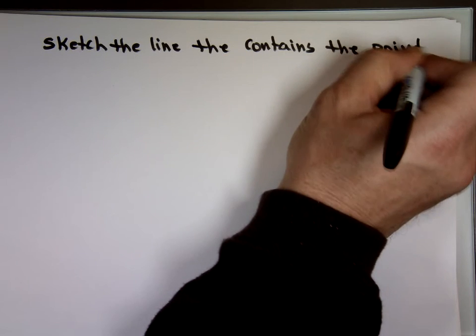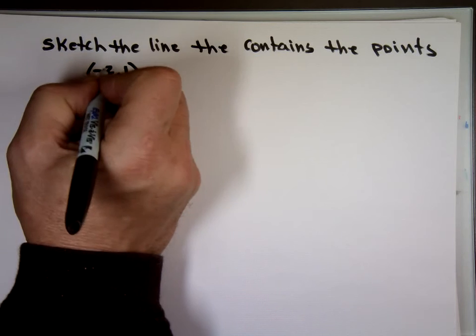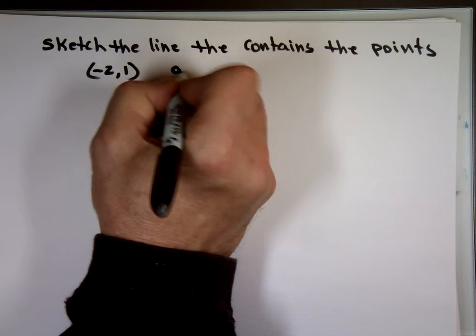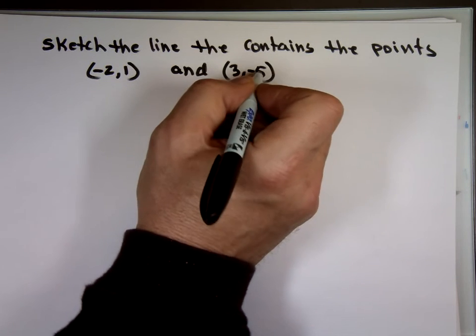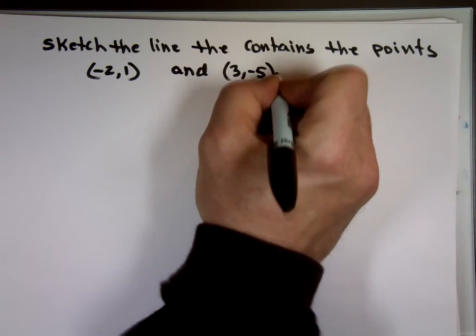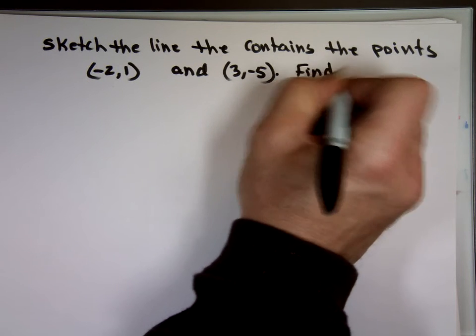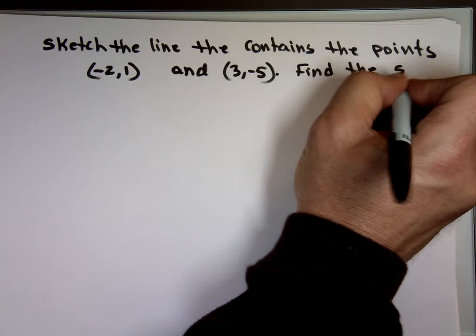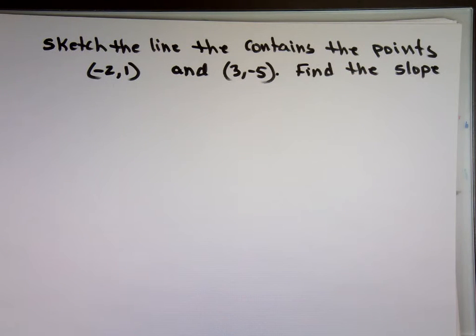And let's pick some points: negative 2, 1 and 3, negative 5. After you finish with that, find the slope. So 2 questions again. Sketch the line and find the slope. Let me do sketching the line.